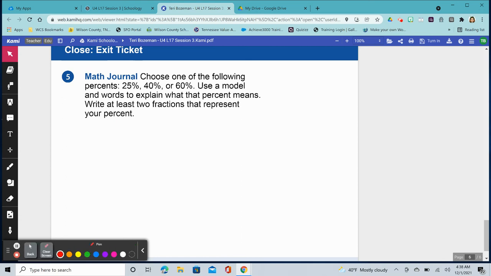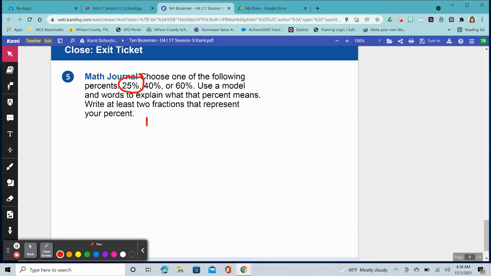Okay, so I'm going to pick one, and nobody in the class can pick this one. Okay? You have to pick one of the other two. So you no longer have 3 choices. You will have 2 choices. But you will explain in the same way, correct? So I'm going to do this 25% right here. All right? Use a model and words to explain what that percent means.